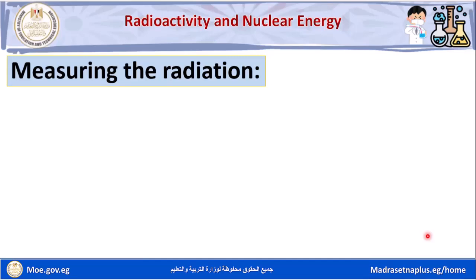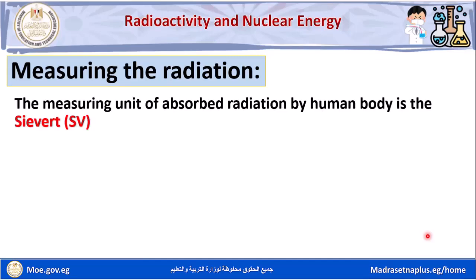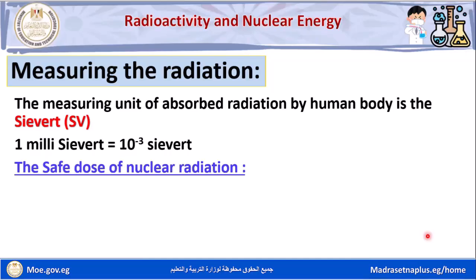Measuring the radiation: the measuring unit of radiation absorbed by the human body is the sievert. Its symbol is Sv. 1 millisievert equals 10 power -3 sievert.